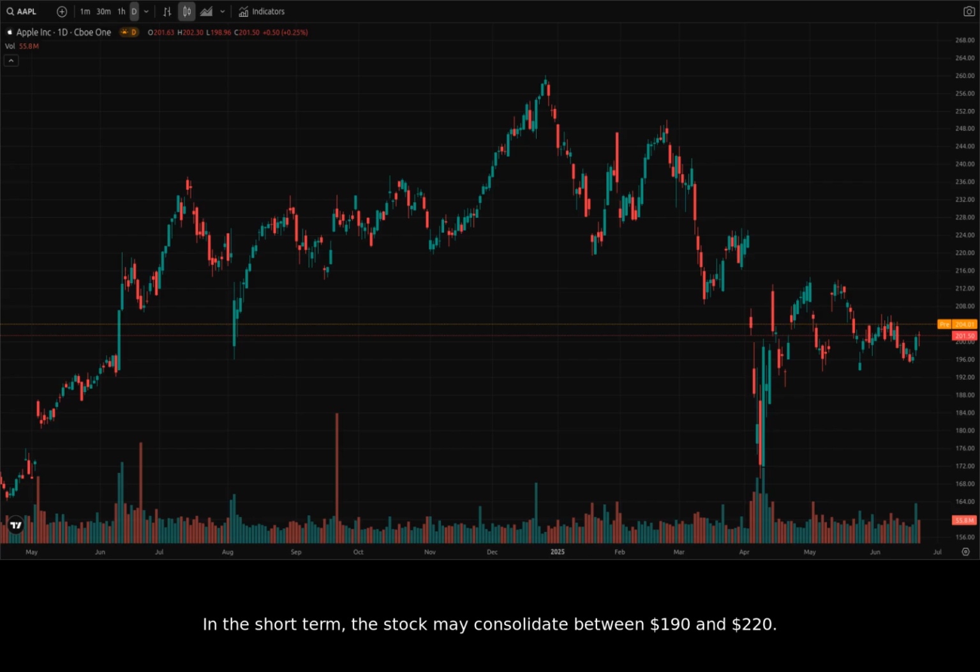In the short term, the stock may consolidate between $190 and $220. If the bearish pressures continue, a break below $190 is likely and could lead to further declines.